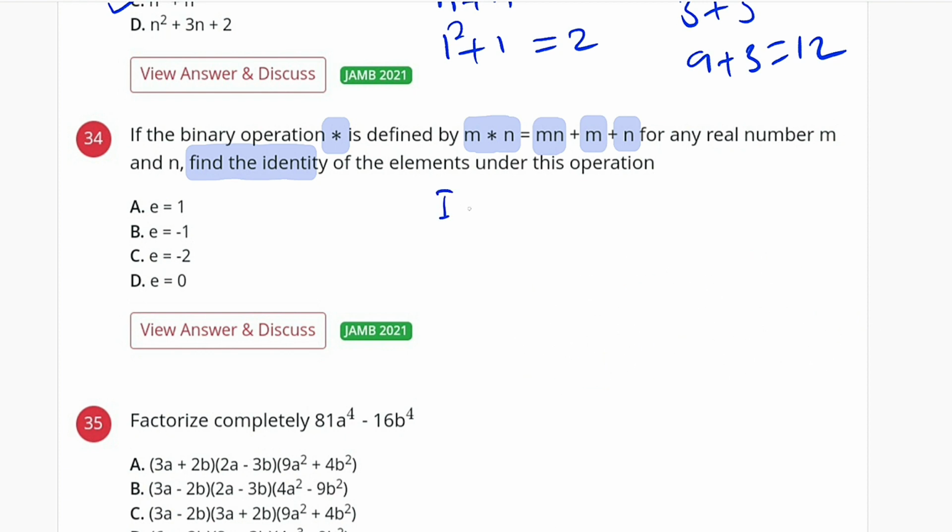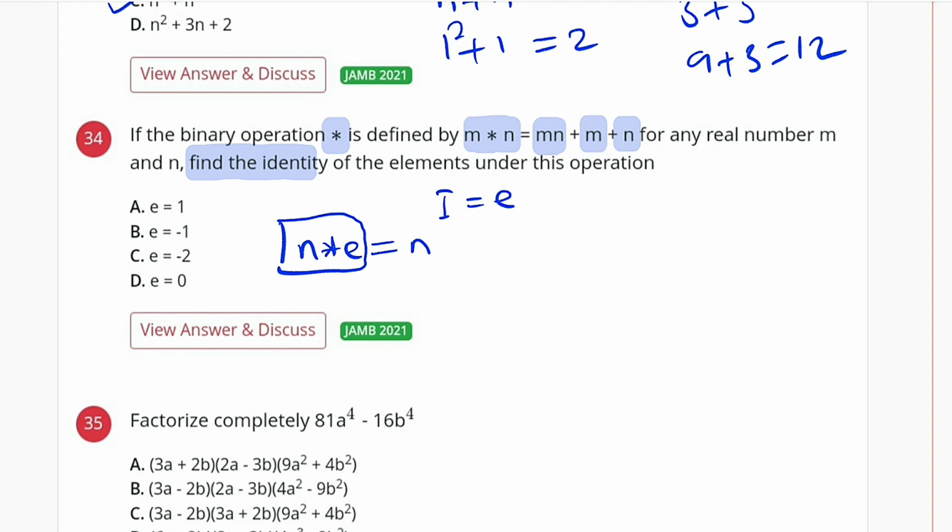Suppose the identity is e. If you relate any number, m or n, with this identity, it will not change it. Suppose we have n asterisk e. It will remain n. It won't change. But what is the definition of this? Because we want to find the value of e.